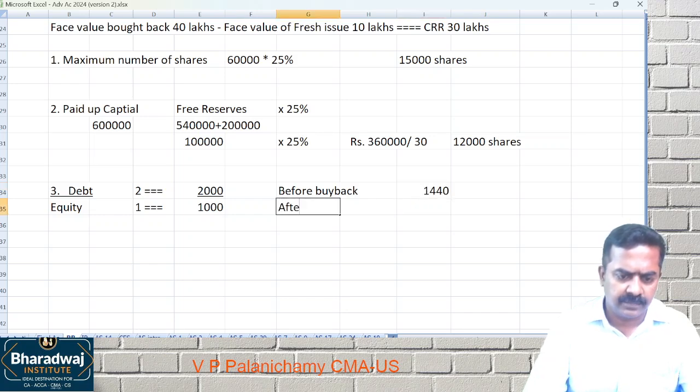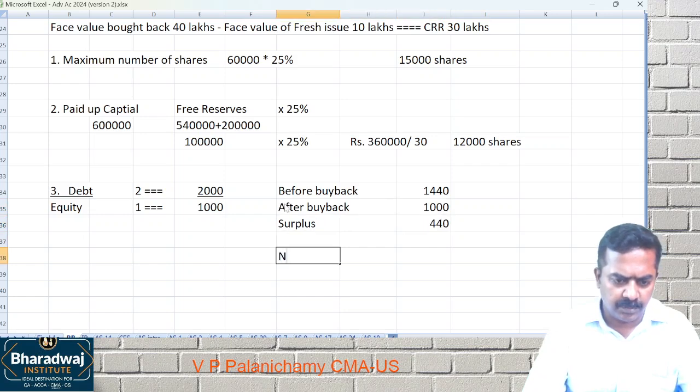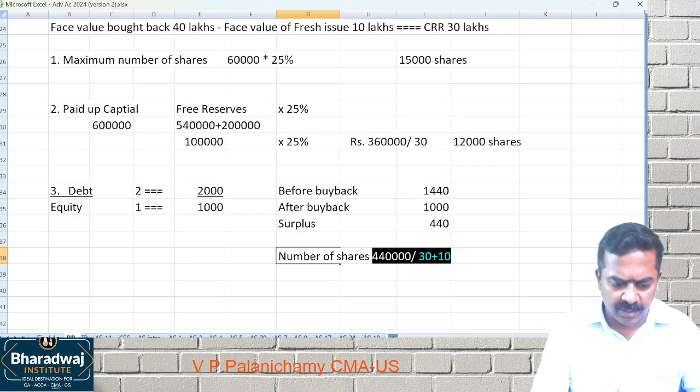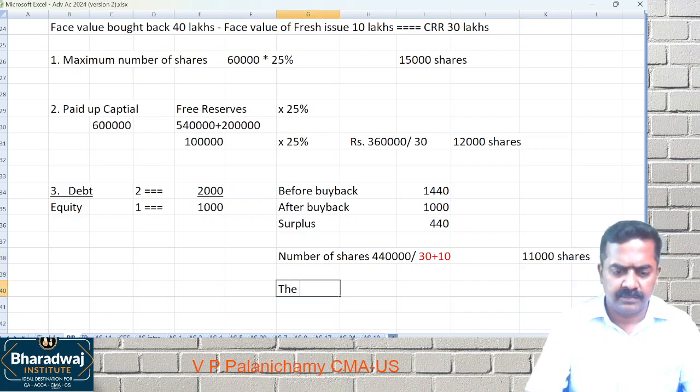After buyback, you must maintain 1,000. How much is the surplus? So the number of shares will be 4,40,000 divided by 30 plus 10. 30 for buying back, 10 for CRR. So 4,40,000 divided by 30 plus 10. So the company can buy.